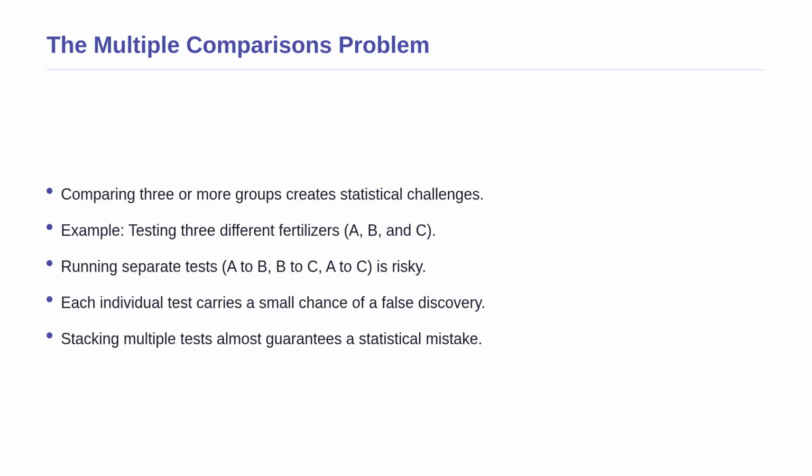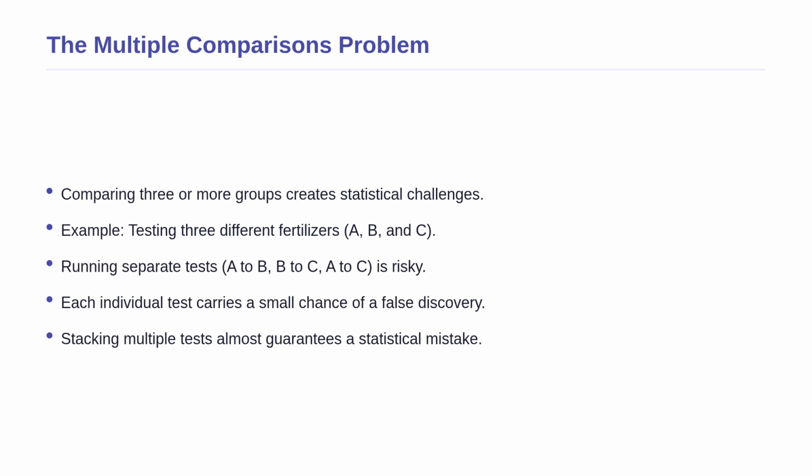Now that we have mastered comparing the spread of two groups, what happens when we have more than two? Let us say you want to figure out which of 3 different fertilizers makes tomato plants grow the tallest. You could compare fertilizer A to B, then B to C, and finally A to C using separate tests.